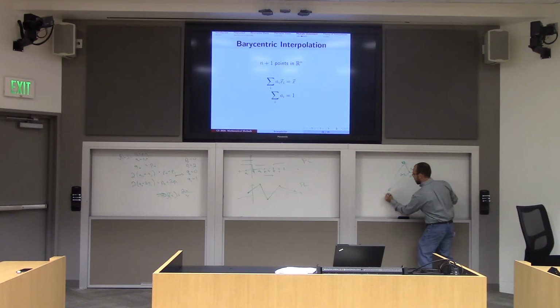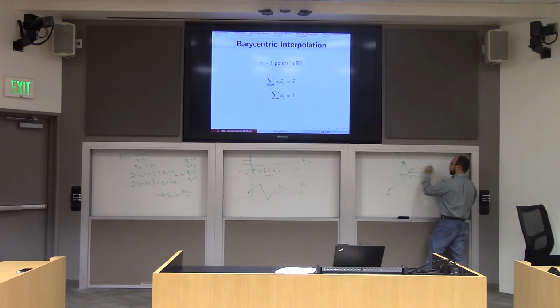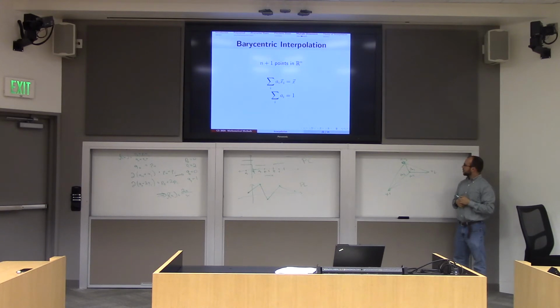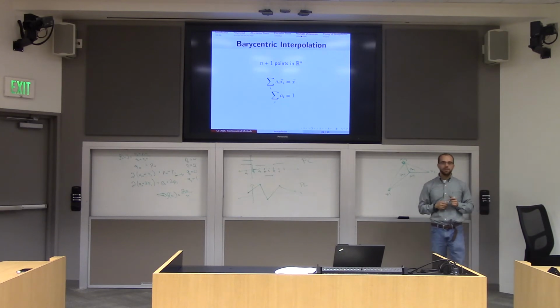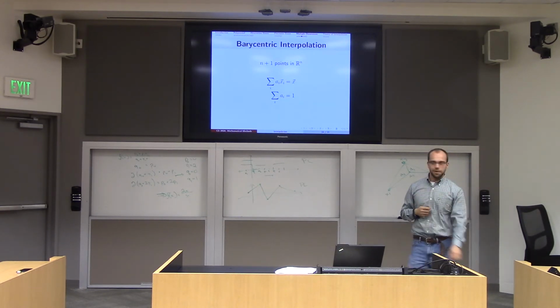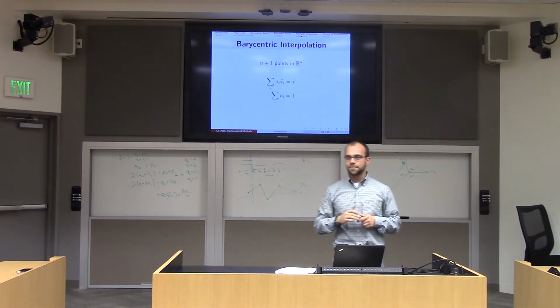We're going to call this x1, this x2, and this x3. And it turns out that the weights in the weighted average are proportional to the areas opposite the vertices. This makes some sense, right? For example, if this point goes to x3, then A3 is going to dominate the whole triangle. It's not worth checking today, but that's the nice geometric version of what barycentric interpolation is doing.